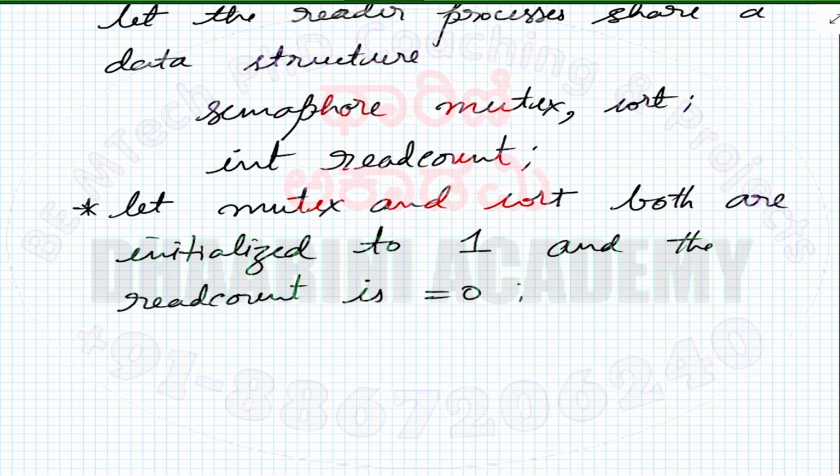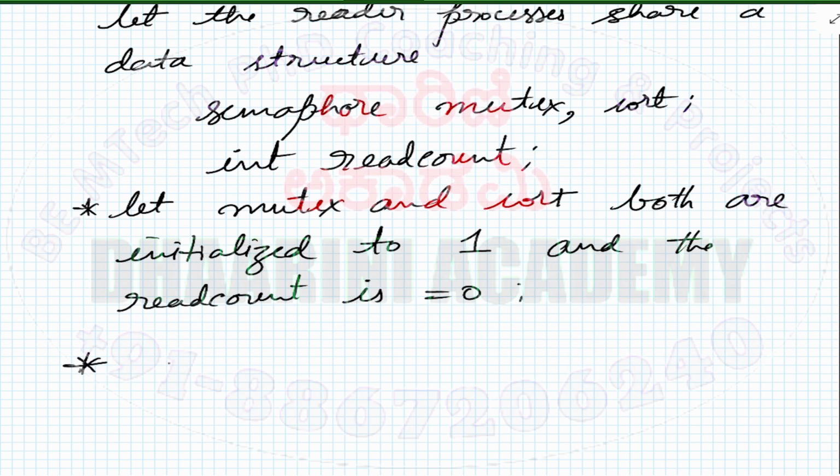We use a semaphore mutex just to provide mutually exclusive access for the variable read count. Whenever a process is updating the read count, we use the mutex for mutual exclusion.